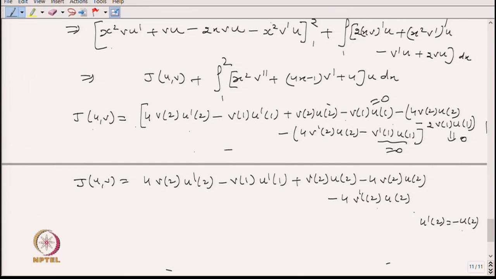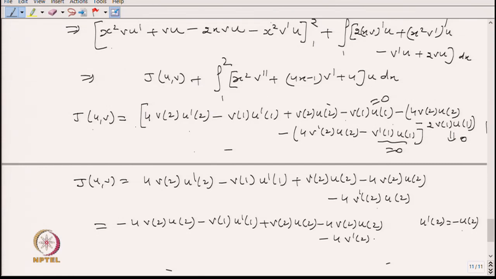If I put this value here, I will get minus 4 v2 u2 minus v1 u dash 1, then plus v2 u2 minus 4 v2 u2 minus 4 v dash 2 u2.